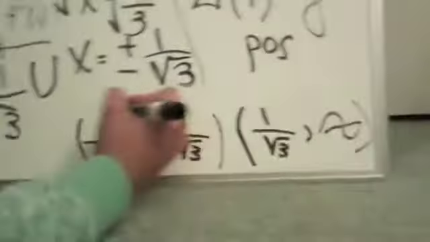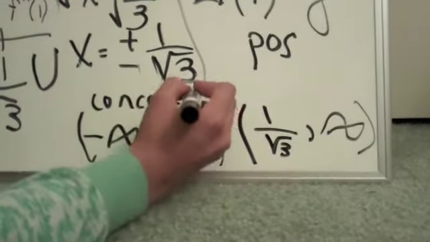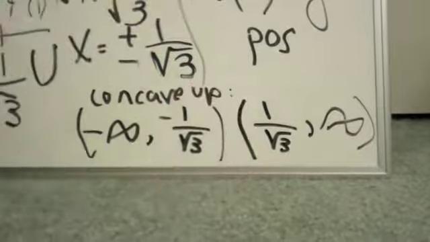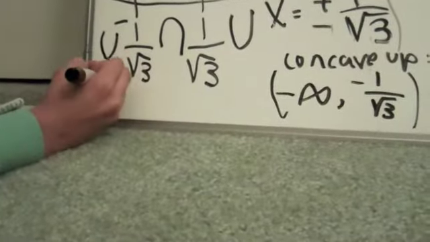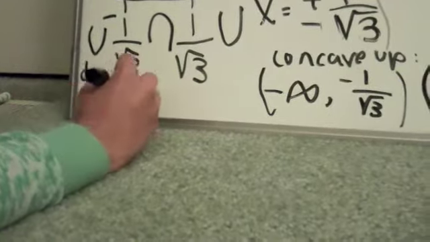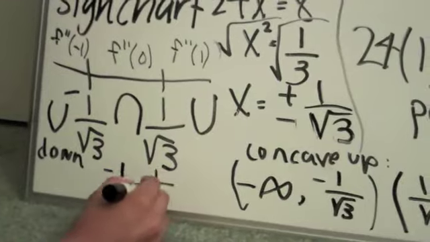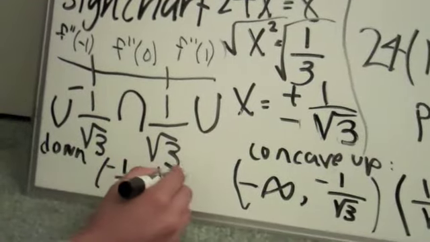We'll just write down this one's up. And we'll write the down one over here, D-O-W-N. And that one is from -1 over rad 3 to 1 over rad 3. And that's the answer.